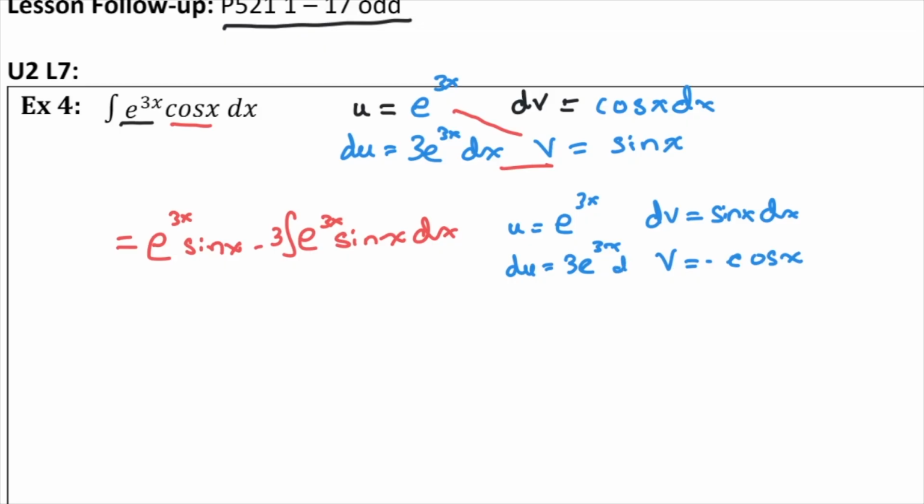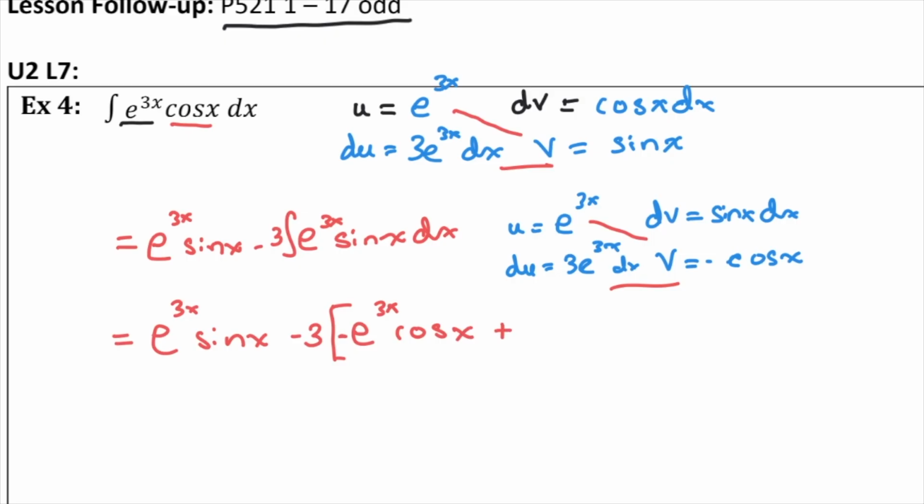Hardest part about this problem is making certain you do not make sign errors. So this equivalent expression is e to the 3x sine of x minus 3 times u times v. There's e to the 3x cosine x, but that has a negative in front. Minus a negative makes it positive. The 3 times the integral e to the 3x cosine x dx.